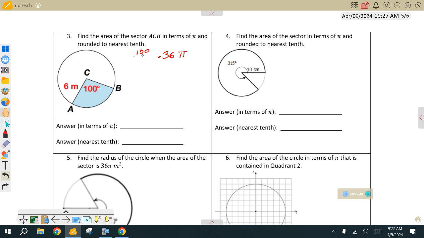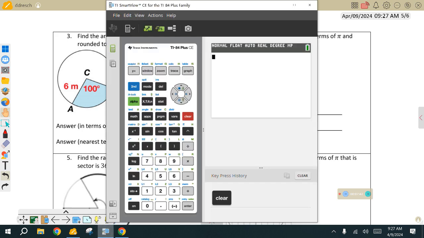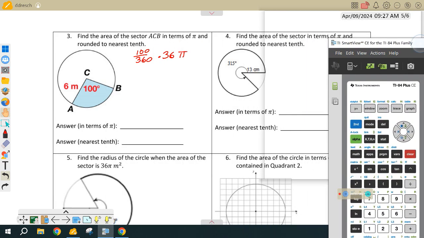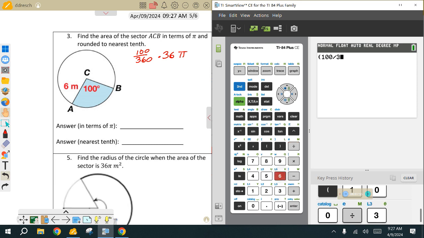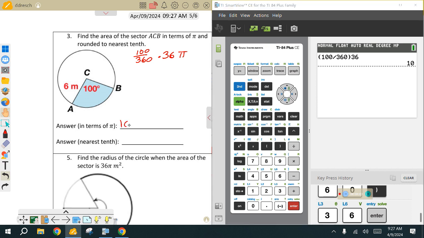So then, got my calculator, finish it off, just like we did with arc length. 100 over 360 times 36. So we get 10 pi. And in this one they're also asking us to round to the nearest tenth.